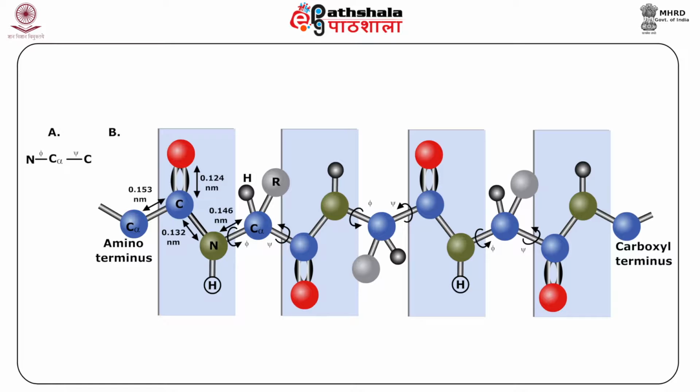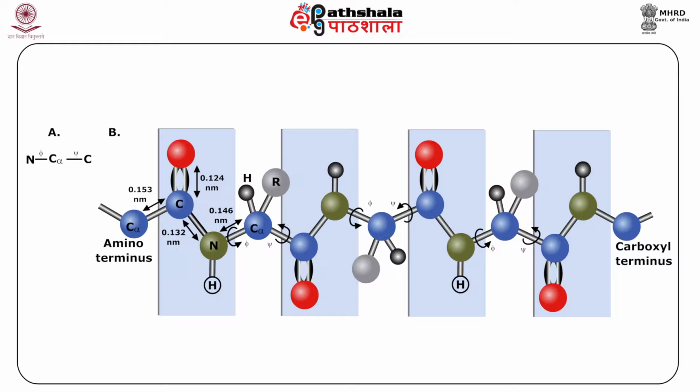The only bonds where rotation is possible, as we can see in this figure, are the N-C alpha and C alpha-C bonds. The bond angle upon rotation of the C alpha-C bond is called the psi angle, while the bond angle upon rotation of the N-C alpha bond is called the phi angle.